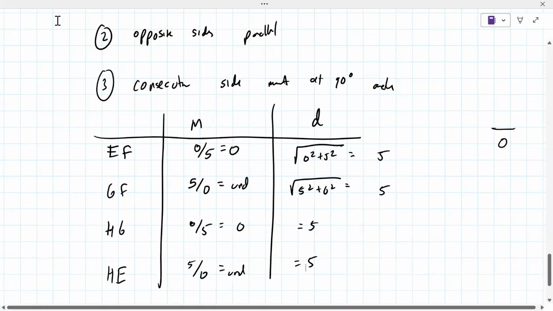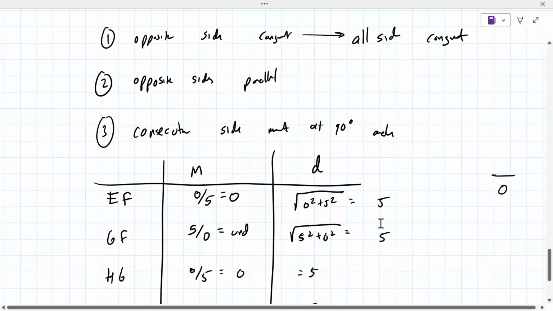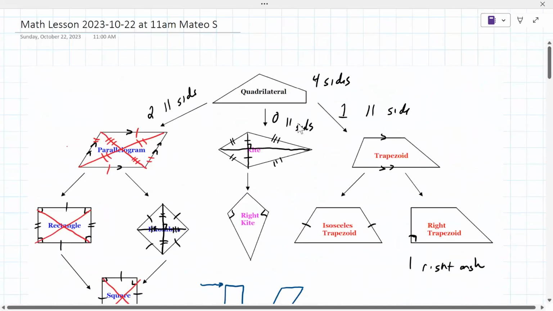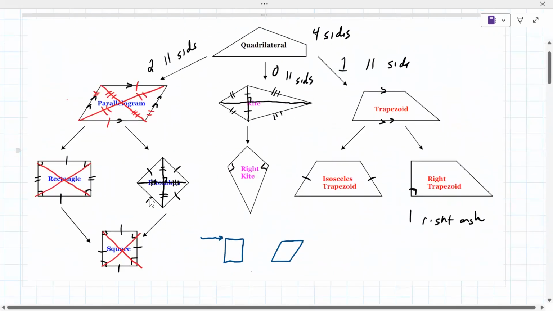So right now, all you know is that the opposite sides are congruent. All sides are congruent and opposite sides are parallel. So all you know right now, if we go back to our picture, is that it's either a rhombus or a square because they both have all sides congruent.